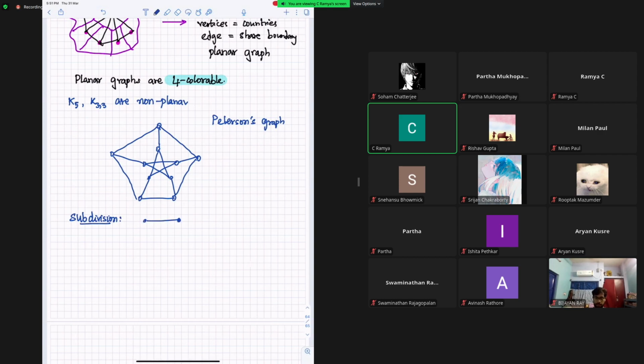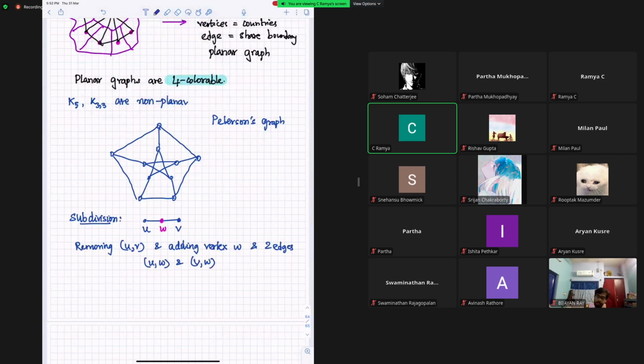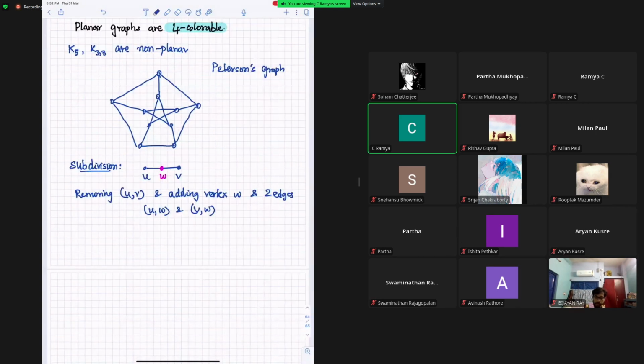For example, if you have an edge, let's say UV, a subdivision of this edge is obtained by removing UV and adding a vertex, let's say W, and you add two edges, UW and VW. In other words, you subdivide this edge, since you add an additional vertex and you add two edges in the place of one edge. Such an operation is called a subdivision, or sometimes an elementary subdivision.